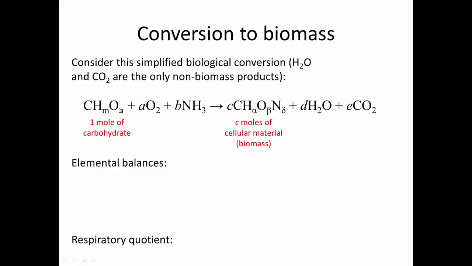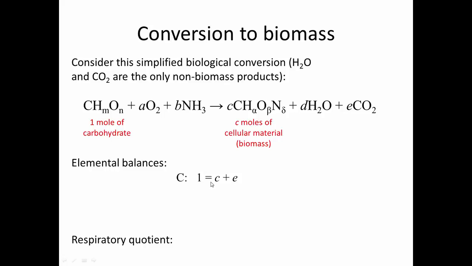With 1 mole of carbohydrate, we would use A moles of oxygen and B moles of ammonia to give us C moles of biomass, D moles of water, and E moles of carbon dioxide. And of course, that changes a little bit if we add production into the mix. We would have yet another chemical formula on the right side of the equation. We could put together our elemental balances and begin to figure out exactly how much of everything we need in order to get growth in this case.